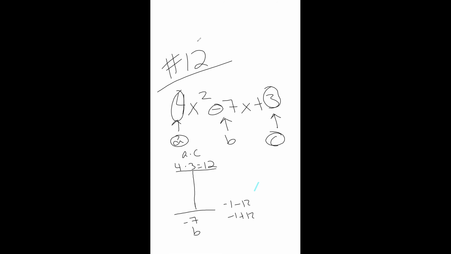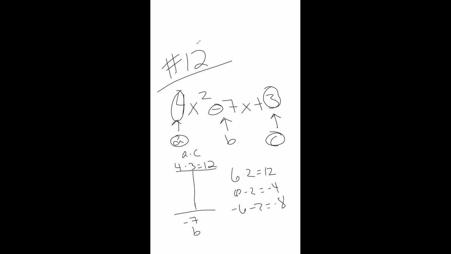2 will go into 12, so we can try 2. 6 times 2 is 12. And 6 minus 2, it's never going to work. You're always going to end up -6 minus 2 is -8.